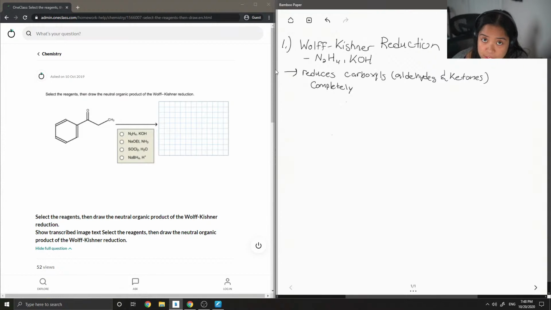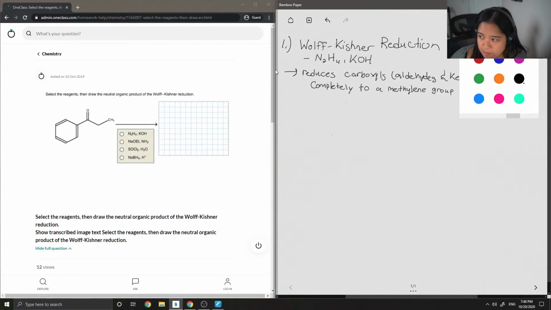It reduces it completely to a methylene group. So methylene just means CH2. So there's no oxygen whatsoever after the Wolff-Kishner reduction.